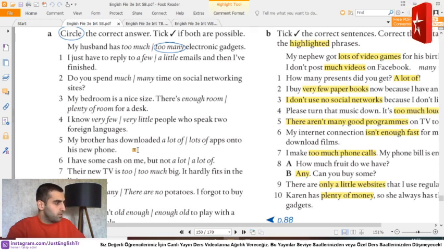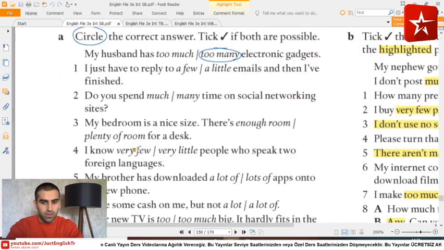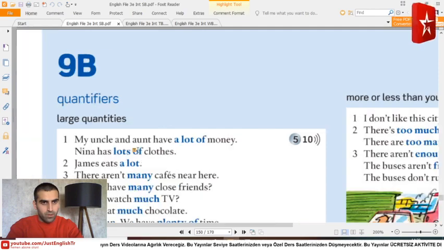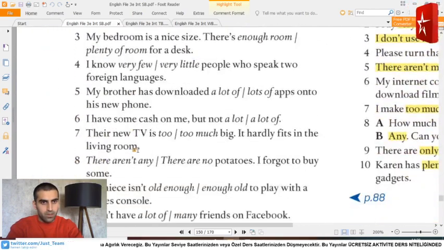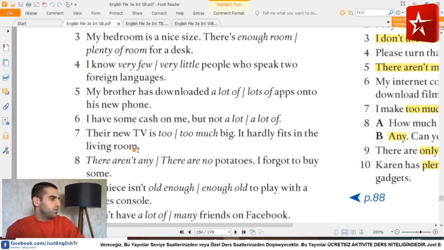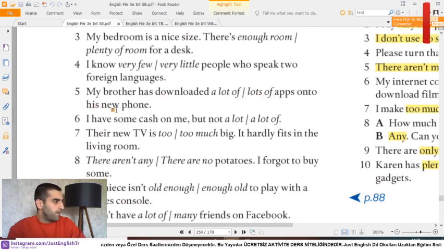Okay, for number 5, if you want, I can make it bigger for you. Sorry. Here you can see number 5 closely. My brother has downloaded lots of apps onto his new phone.